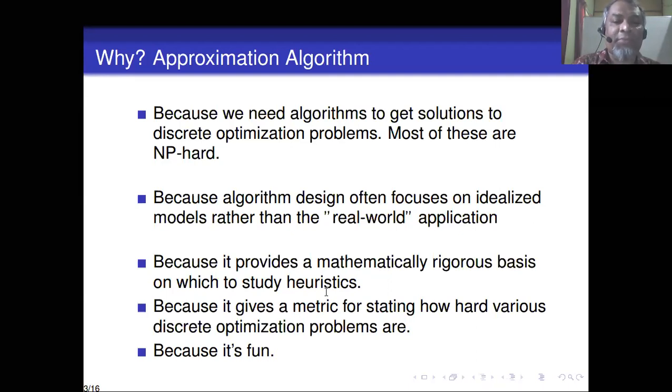So studying approximation algorithms and their analysis is really fun for those who like to play with mathematics. So this is the reason why we want to study approximation algorithms.